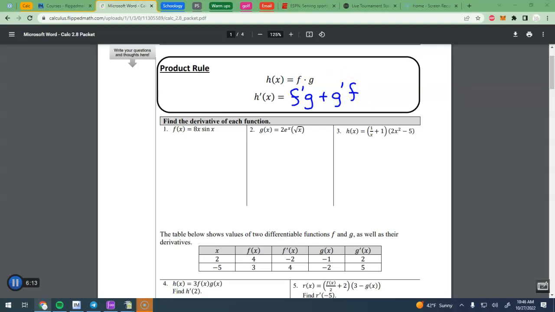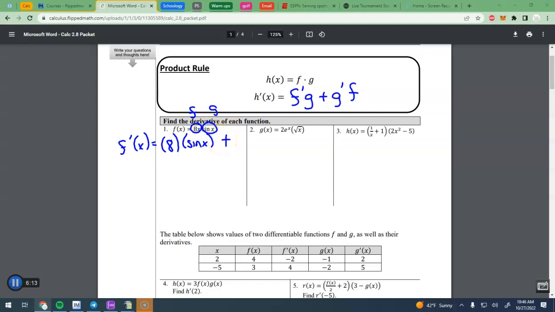So if I start going through these problems, this 8x is my F, sine of x is my G. So the derivative would be 8, F prime, which is 8, times G, which is sine of x. With me?